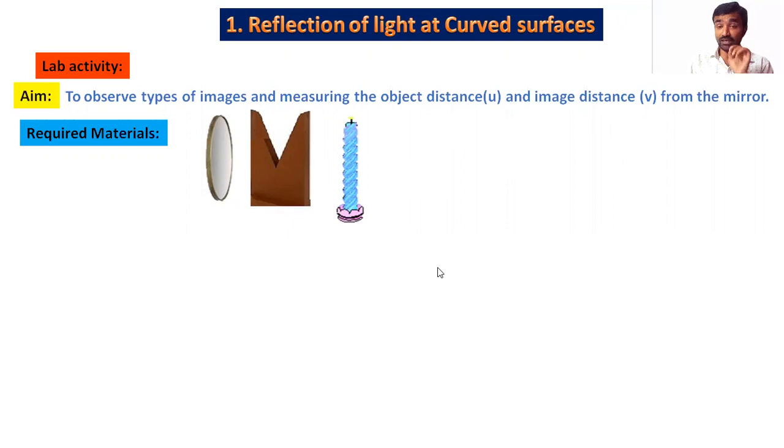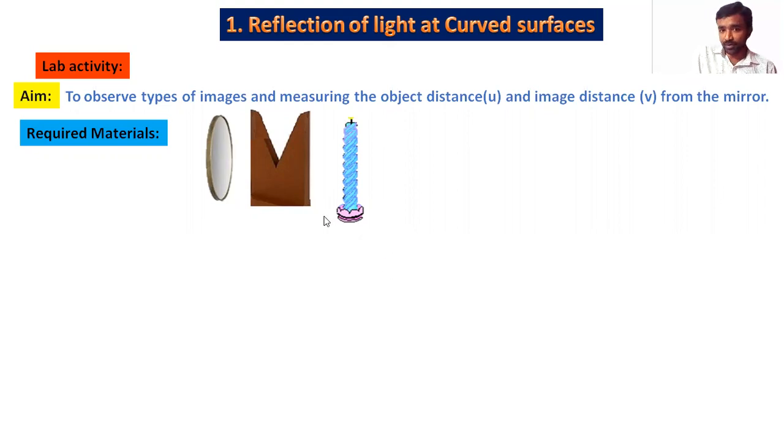Before that, I am going to use an object. So what is the object for us here? To get an image, the object is a candle, right? A luminous body or glowing body. So I am using a candle as the object.